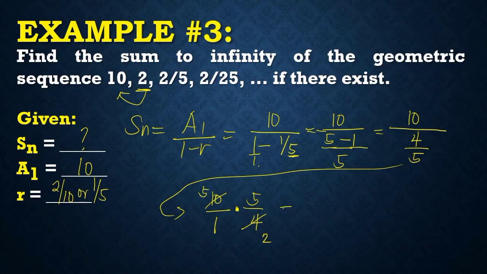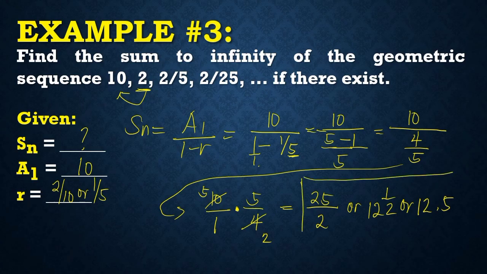And then, multiplying yung mga remaining. So, 5 times 5, that is 25. And then, 1 times 2, that is 2. So, S sub n is equal to 25 over 2 or 12 and 1 half. Or pwede rin naman 12.5. So, ito po yung ating sagot. So, nag-i-exist po yung sum to infinity ng ating given sequence.